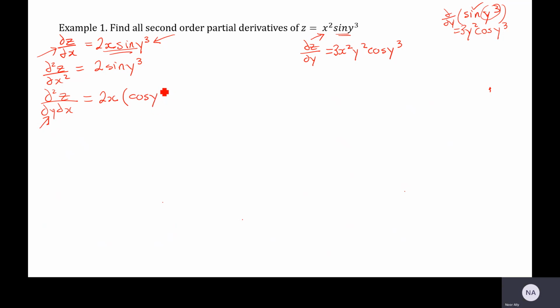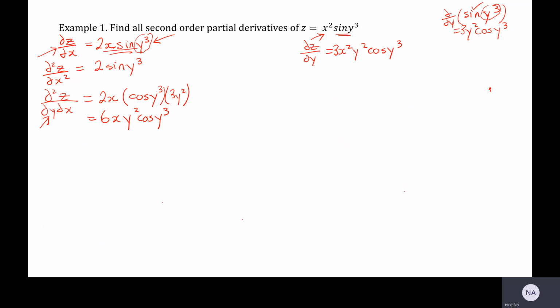Derivative of sine is cos y cubed. Remember, the argument doesn't change. We don't stop there. Now we differentiate the chain rule, 3y squared. And that can be simplified. 3 times 2, that gives you 6x y squared cos of y cubed. Second order mixed partial derivatives.